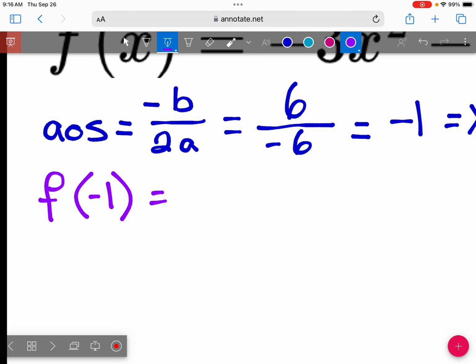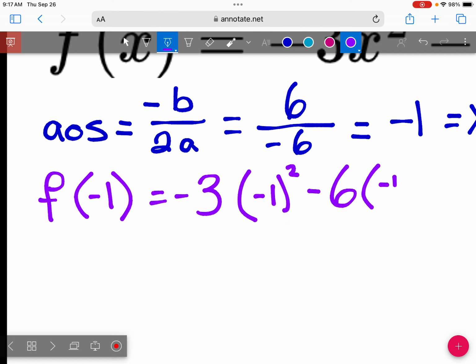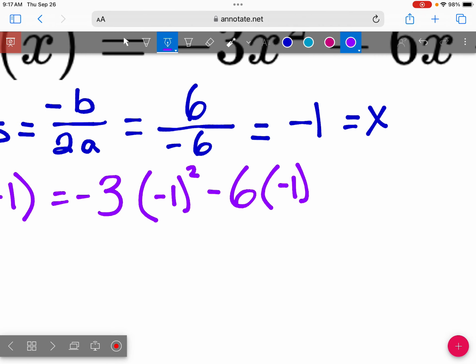F of negative 1. Negative 3 times negative 1 squared minus 6 times negative 1 minus 5. Oops. Helps when I write my equations down correctly.